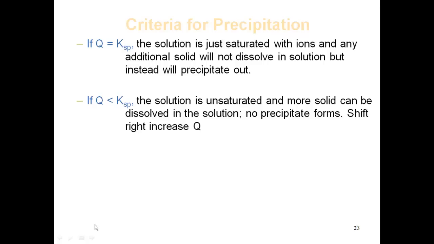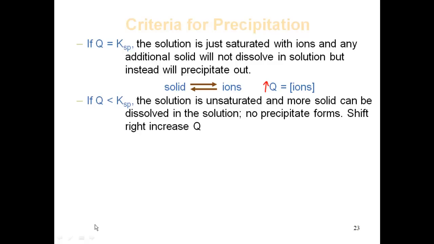Now, we can use our same analogy as before with writing our reactions to determine what's happening with the Q value, to see which way it's going to shift. Let's look at it. If Q is less than KSP, that means I need my Q to get greater to reach that saturation point. So I need the Q to increase in value. Looking at your equilibrium here, solids going to ions, the Q would be the concentration of your ions.